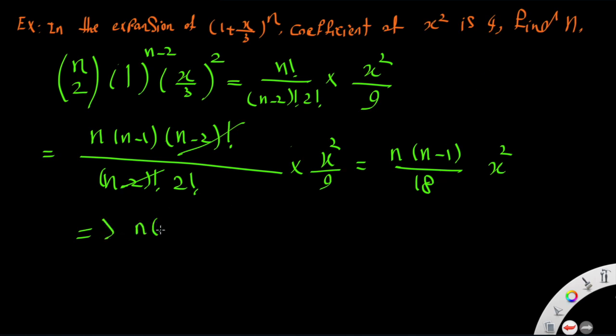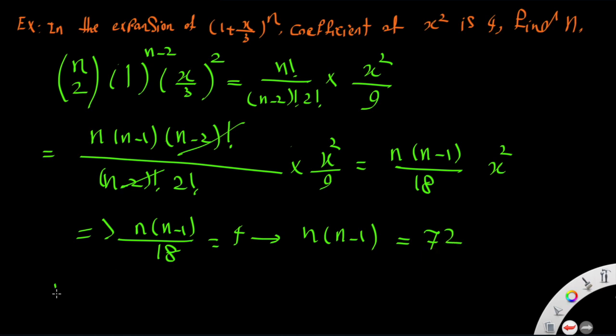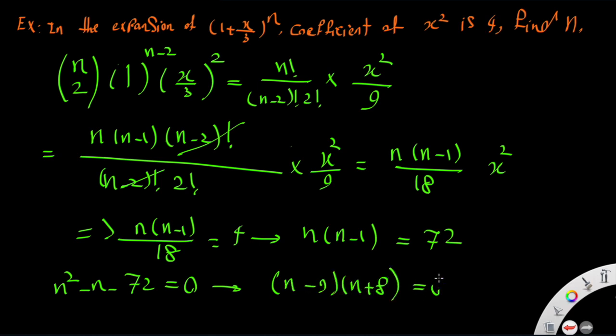So n times n minus 1 over 18, which is the coefficient, must be 4 as given in the question. So n times n minus 1 must be equal to 72. So it will be n squared minus n minus 72 must be 0, because it leads to a quadratic equation. If we factorize it, it will be n minus 9 times n plus 8 is equal to 0.